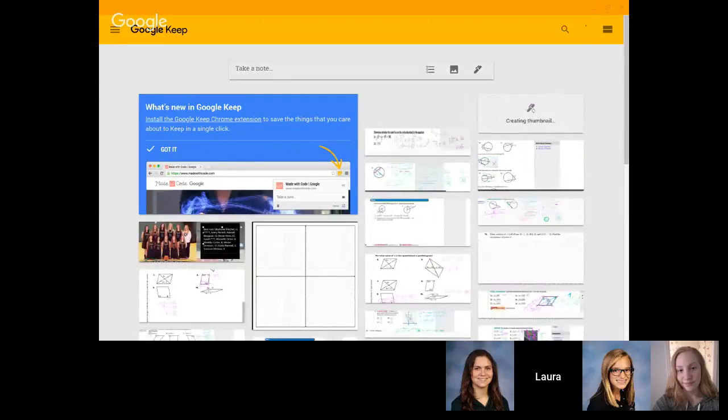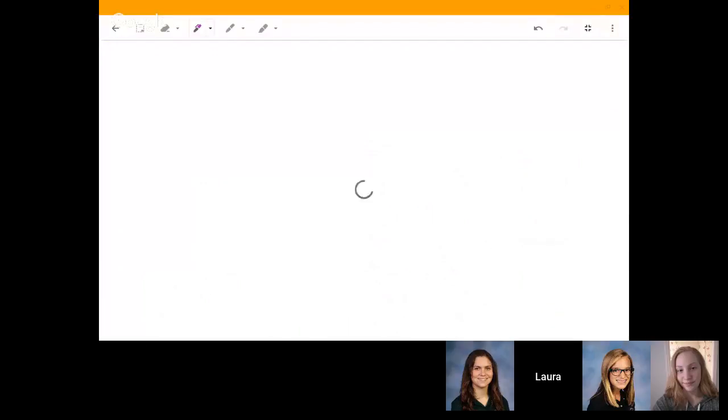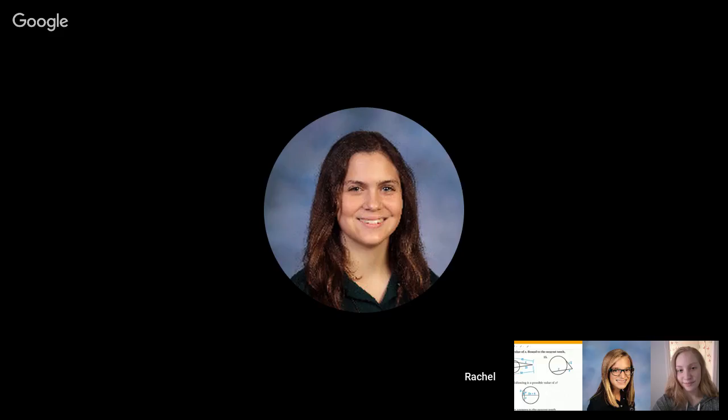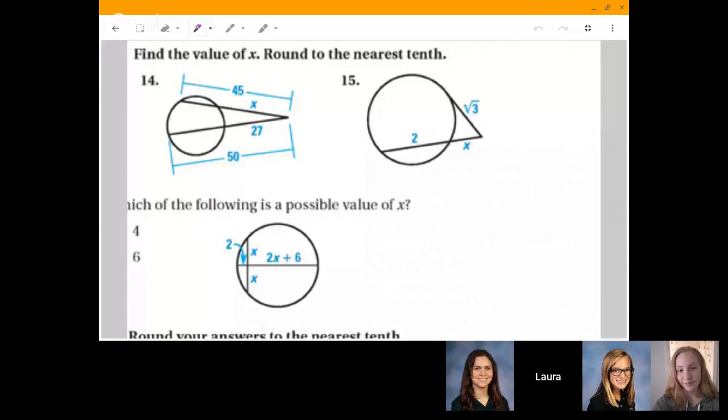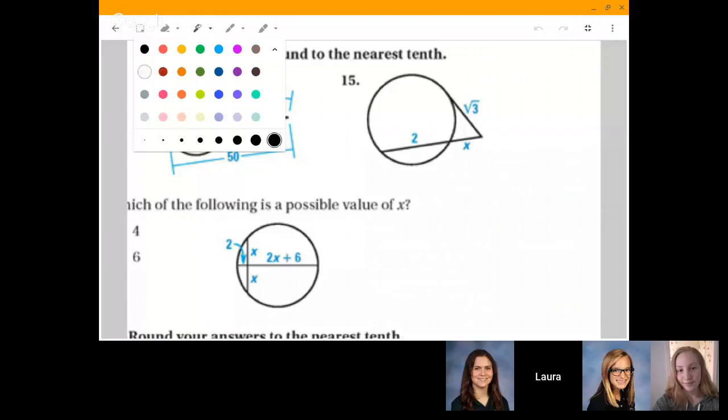All right, can you see it now? It's just black. Oh, now I can see it, yeah. Okay, sorry, there's a delay. Yeah, I think my computer's tired.